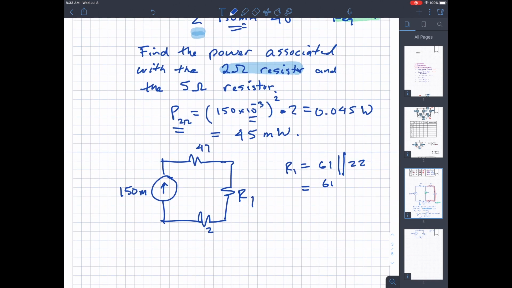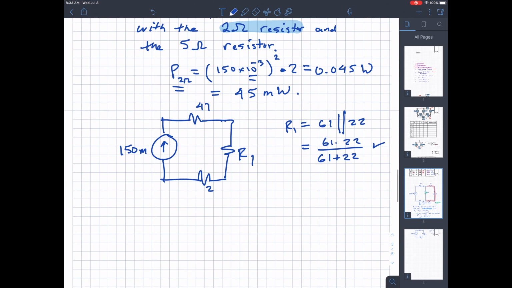That would be 61 times 22 over 61 plus 22. So we have that value. Now I could get the voltage V1, because that's just going to be the current, 150 times 10 to the minus third, times R1.